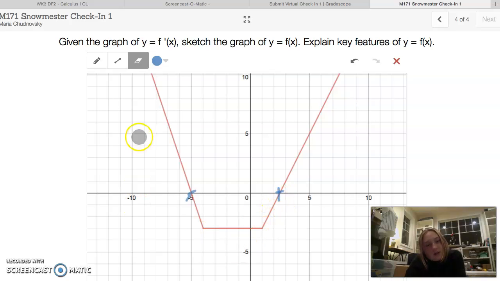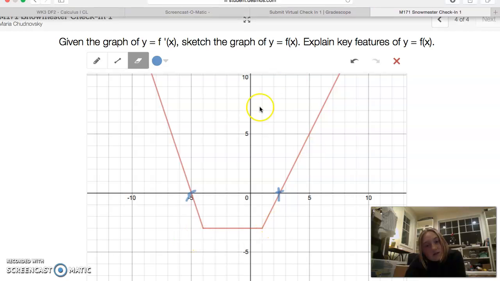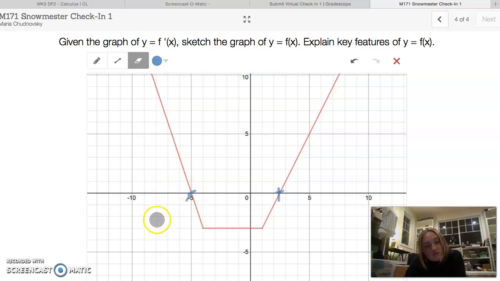And then it looks like it goes -0, positive. So maybe it's going to go something like, I don't know. So down 3 over 1.